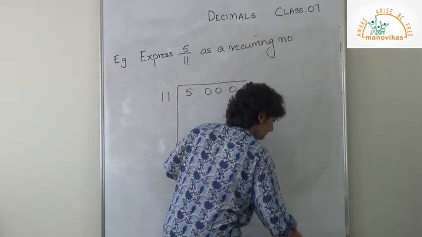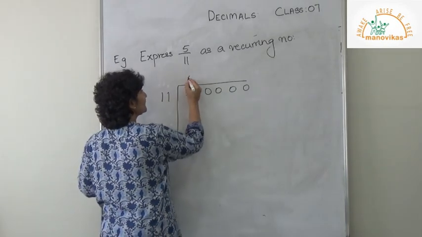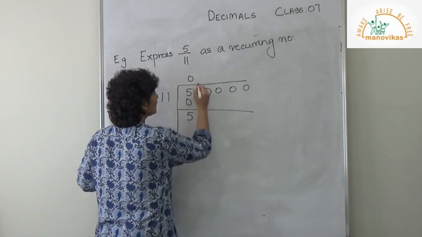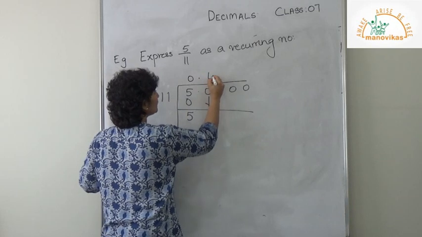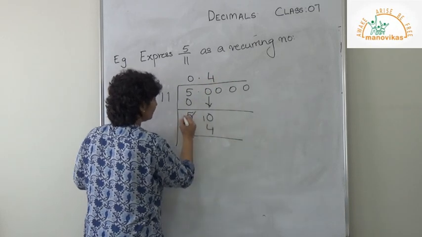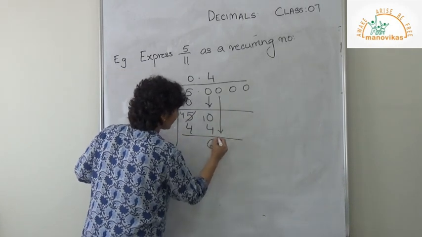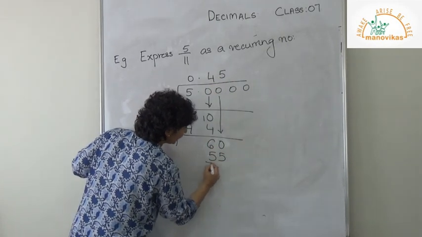Now, I know my table of 11. So it doesn't go in 5. 11 zeros are 0. So I take 5 point. Let me bring 0 down. 11 fours are 44. 50 minus 44, I get 6. Let's bring 0. 11 fives are 55.